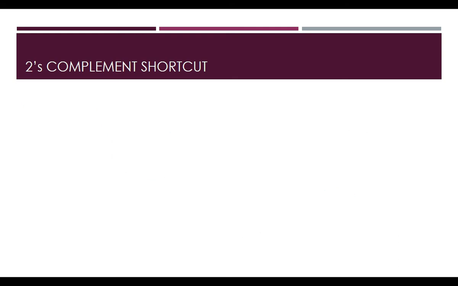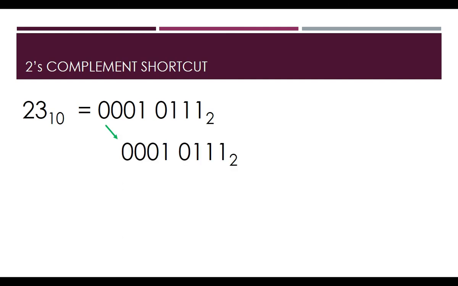Okay, last example, let's take 23. 23 can be written in binary as 0001 0111. Let's copy this, and then let's try copying up to the first occurrence of 1. Since we have already encountered the first occurrence of 1, we have to invert the remaining bits, starting from this point, going to the left side.